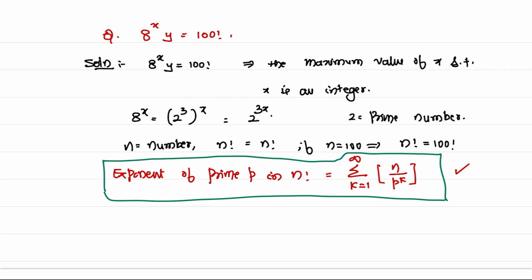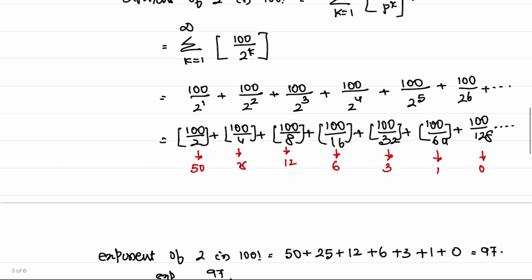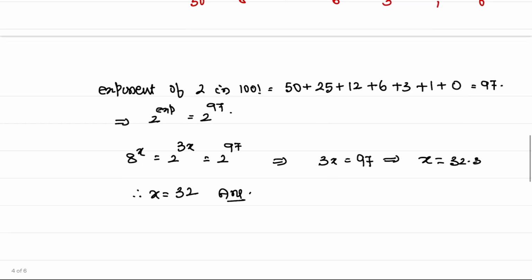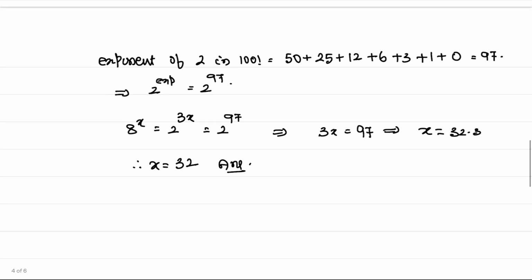All these values are to be added this way, and you should get some value. That value is the exponent of 2. That exponent is equated to 2 to the power of 3x. 3x is equal to 97, then x is equal to 32.3. Because we wanted an integer, hence 32 is the value.